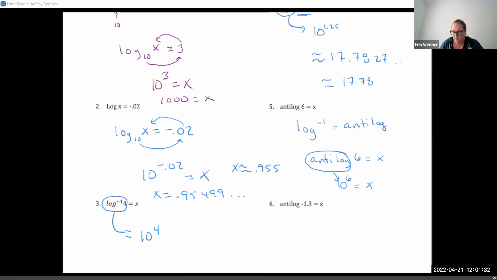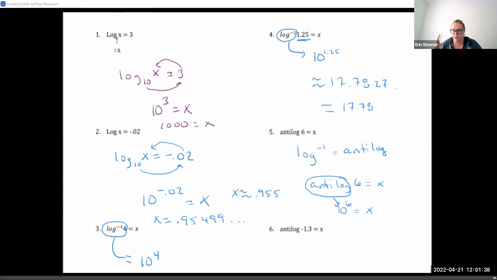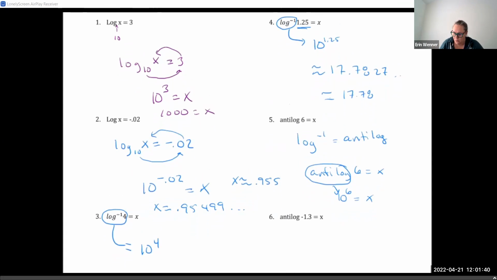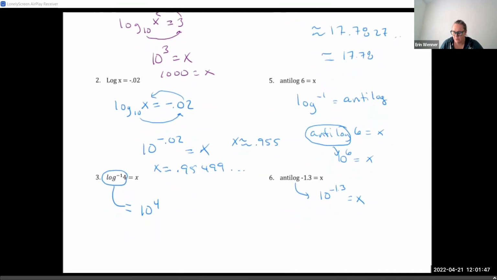So again, anti-log just means undoing. If I were to relate this to what we were doing, say in number 1 and 2, how do these relate to each other? So the solution to this is 10 to the negative 1.3 equals x. If I were to write this using logs, I would say log of x equals negative 1.3. So to undo this, I would have that little power of 10 down here.